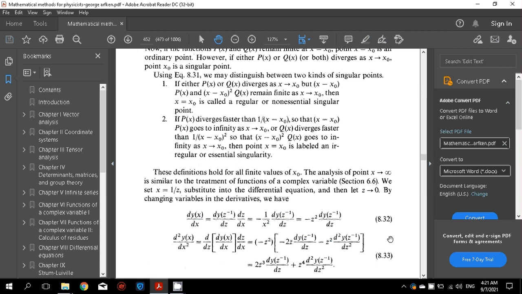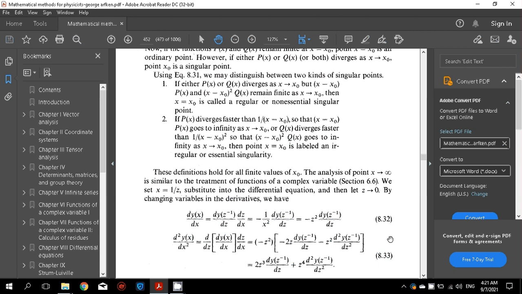Normally our differential equation carries the point of expansion as x naught equal to 0 or x naught equal to infinity.